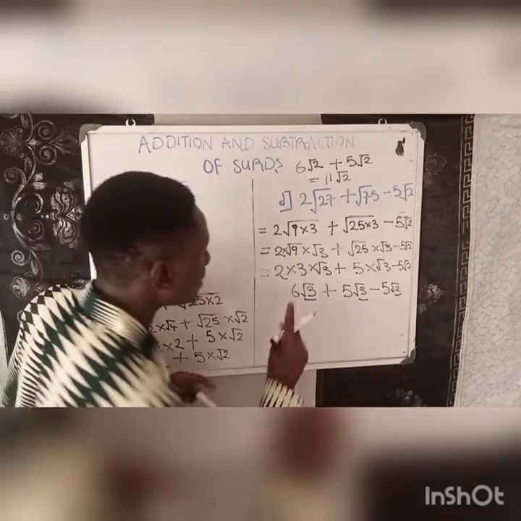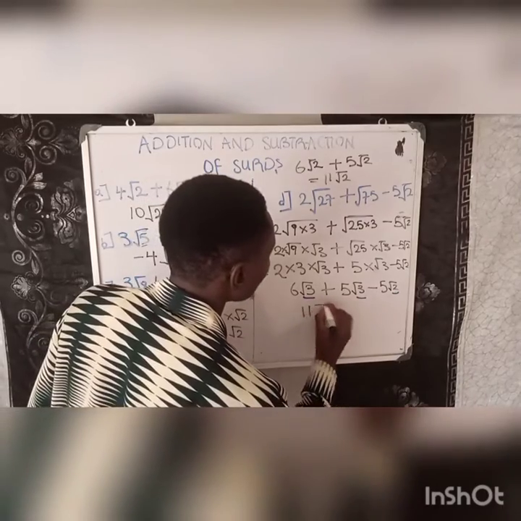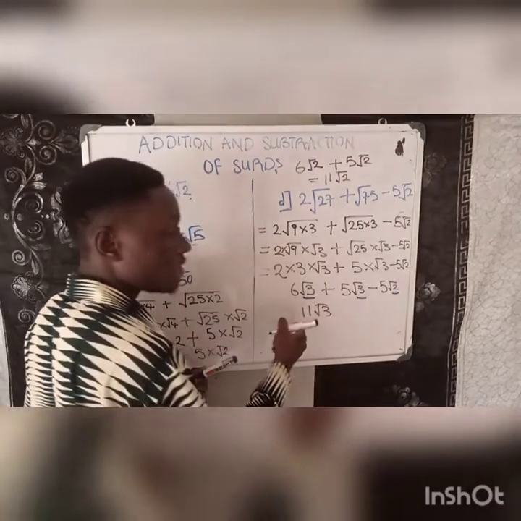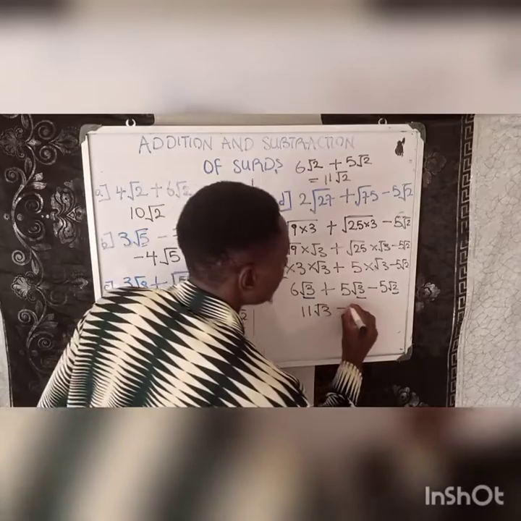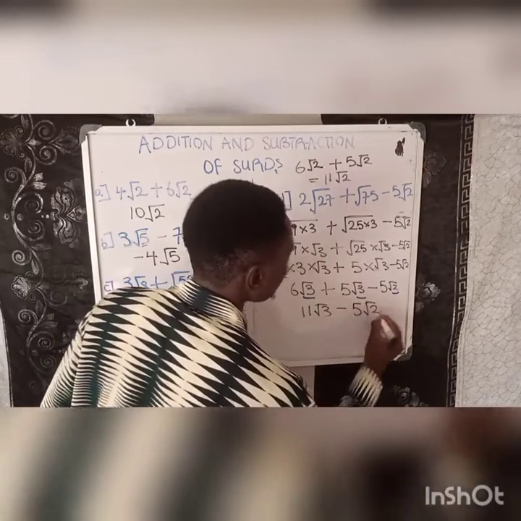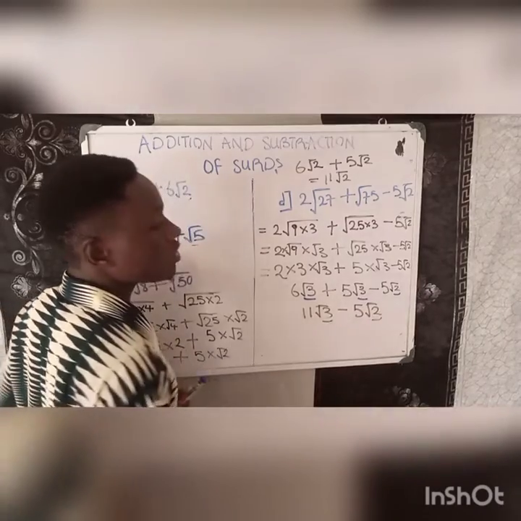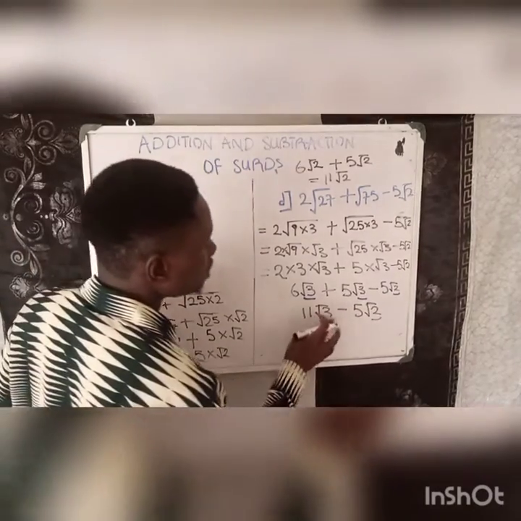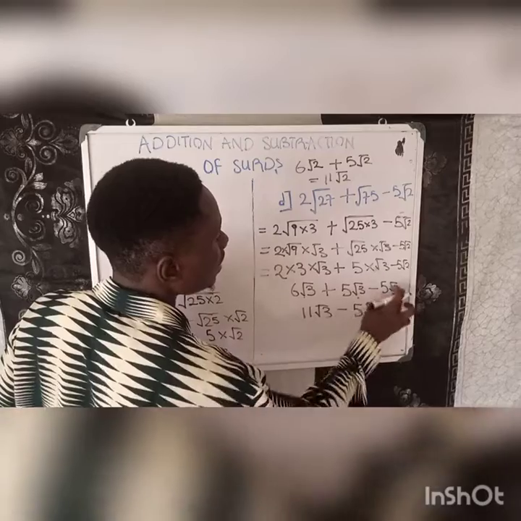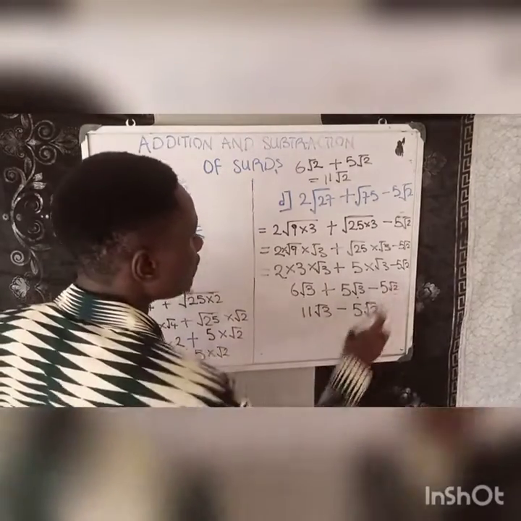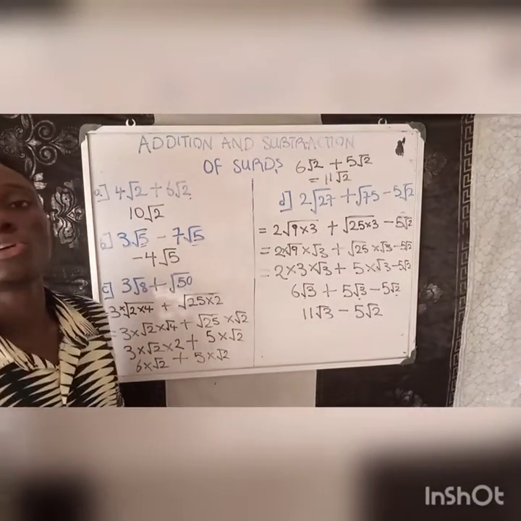So let's see our final answer. This plus this will give us 11 root 3. 6 plus 5 is 11. Root 3 is common. Minus 5 root 2. You cannot subtract this because these two are not like surds. So our final answer becomes 11 root 3 minus 5 root 2.